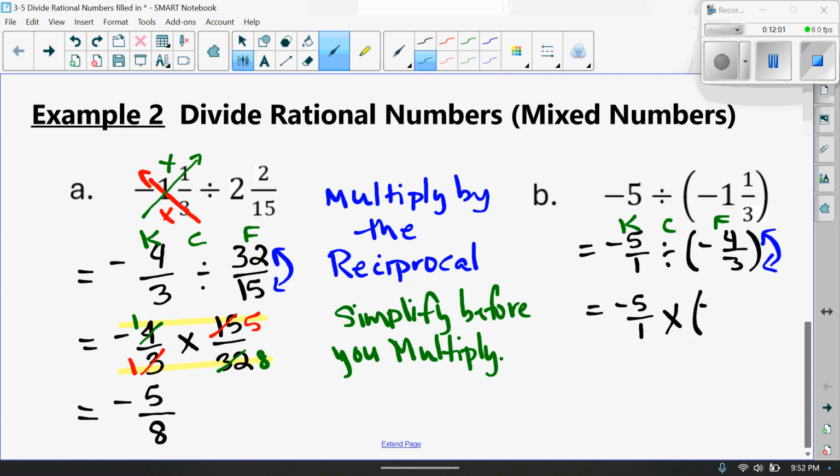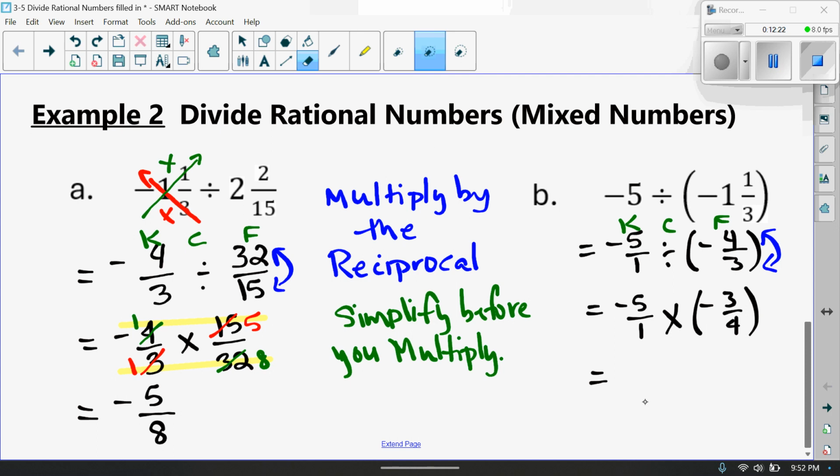So this is going to be times a negative 3/4. Now, here we have the same signs, negative and negative, so that's going to be a positive. And again, we do not need to write that plus right there, okay? It's going to be a positive.